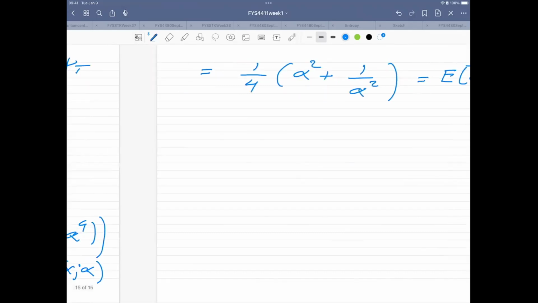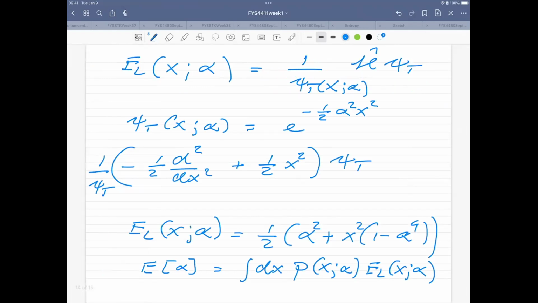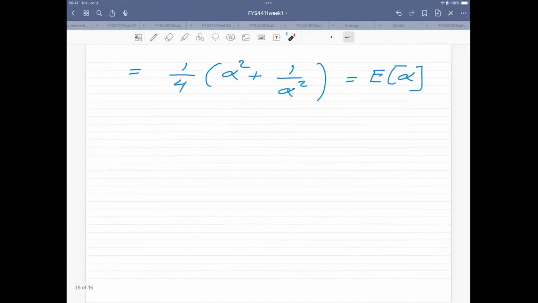So when I go back here, when I take the local energy, I plug in the probability, which is just this wave function squared, divided by an integral. So everything can be done analytically. Then I get this as the final expectation value of the energy. Now, when I do the optimization, then I have d/d alpha of E of alpha.